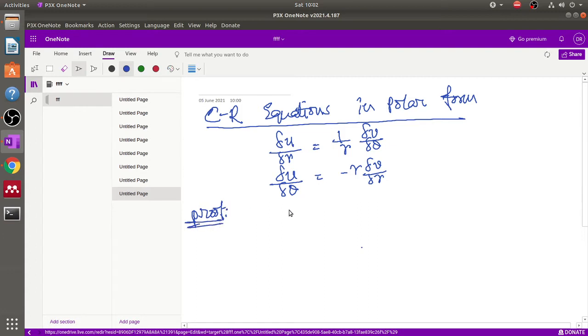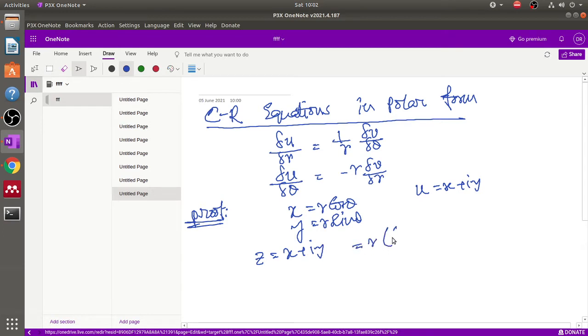So we know that from the polar coordinates, x equals r cos theta, and u is a function of x and y, y equals r sin theta. We know that z equals x plus iy. So putting this value, r cos theta plus i r sin theta.